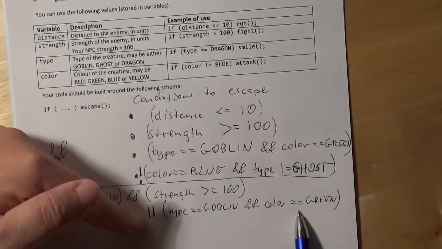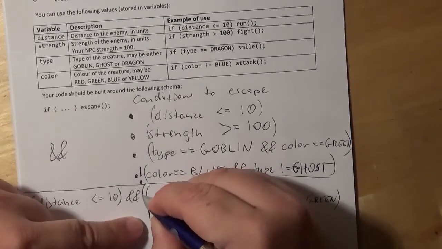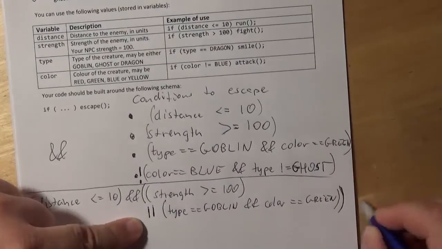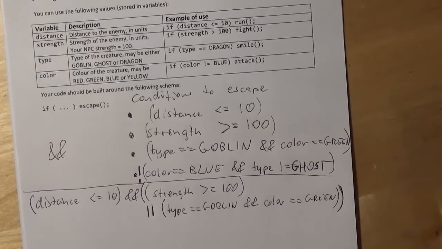In this case, the strength is not important. So, very important bracket here. Okay? If you forget this bracket, your application will not work, because without this bracket you will escape from green goblins even if they are far away, even if the distance is much greater than 10.